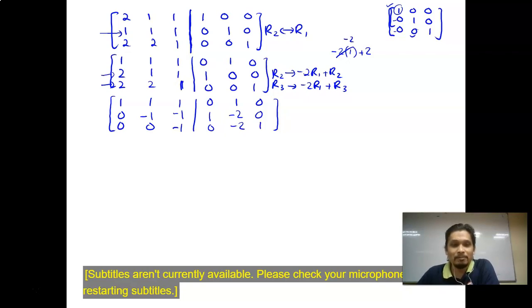Okay, next, let's focus on this one here. If I make an instruction with the element in row number 1, make sure that this will not change this element 1 into other numbers besides 1.